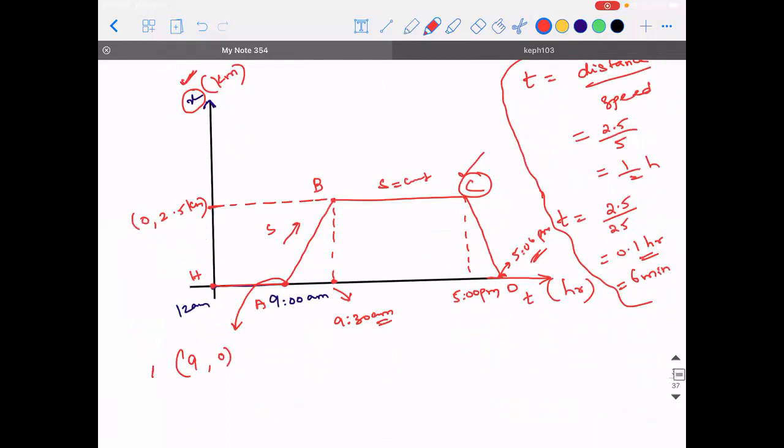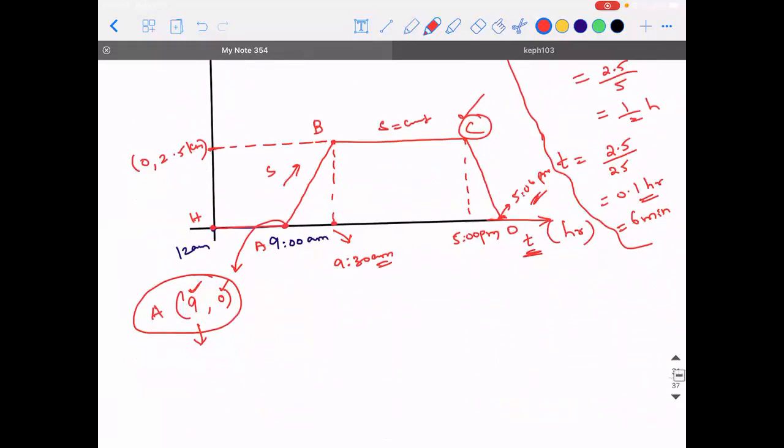If I say the coordinates of point A is 9, 0, 9 corresponds to time and 0 corresponds to the displacement. Means you will understand at 9 a.m. the person is still at home.